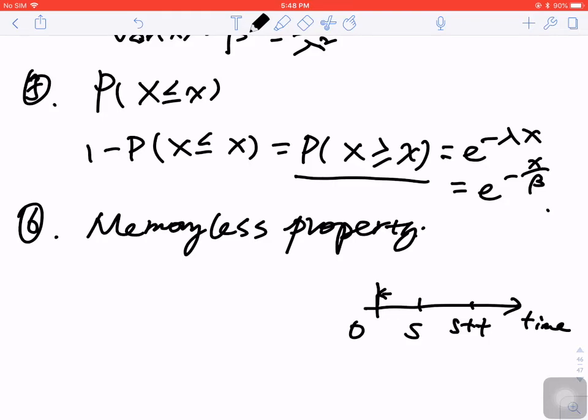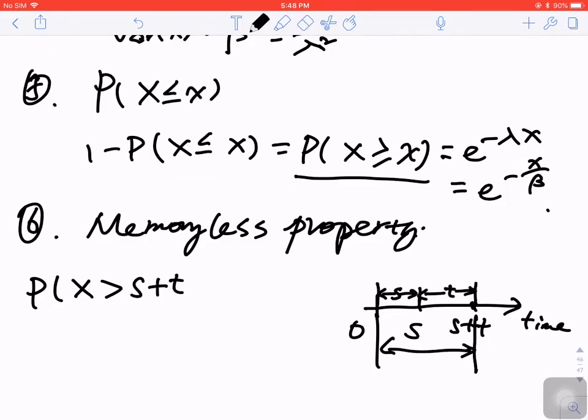So this time is s, and this time period is t. What does it mean? It means the probability that you have to wait for this time long, so this is s plus t.